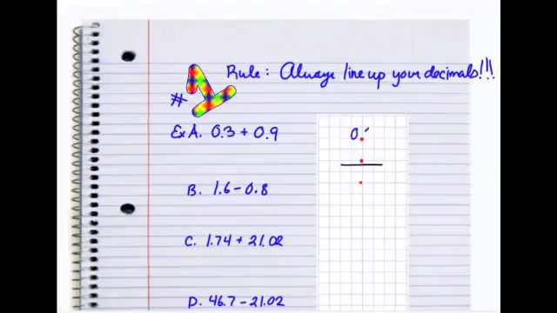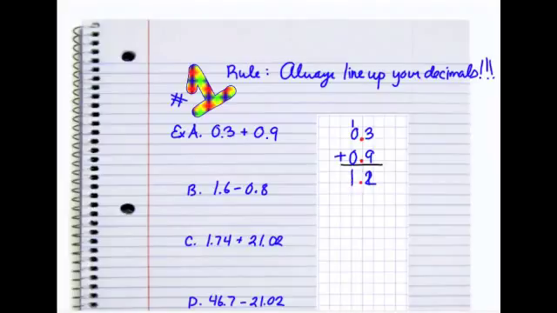I have 0 and a 3, and then a 0 and a 9, and this is an addition problem. Now I'm going to go ahead and add just the way I normally do. 3 plus 9 is 12, so I put down the 2 and I carry the 1. 1 plus 0 is 1.